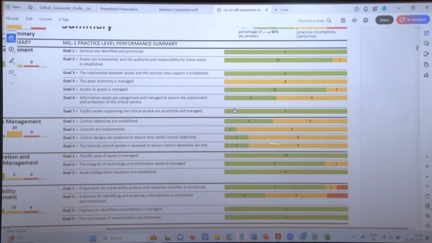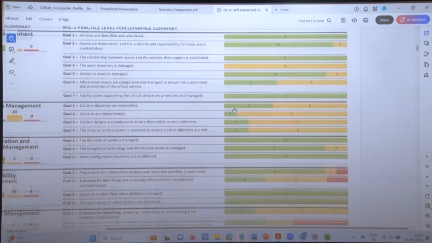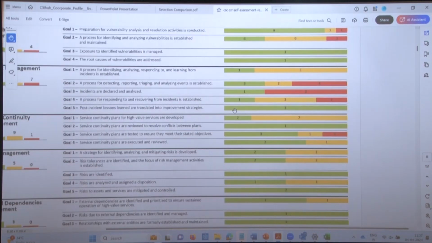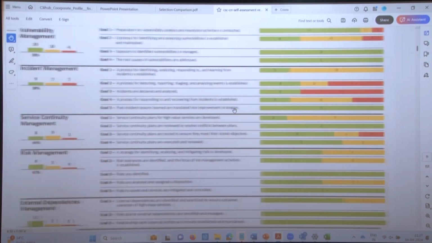Now this domain is also yellow. Now we have vulnerability management. Here we see that there are problems, that we have reds. Now if we have reds, that means that the entire thing becomes red, right. So now if we go further, before service continuity management, I think we missed something here, which is incident management after vulnerability.